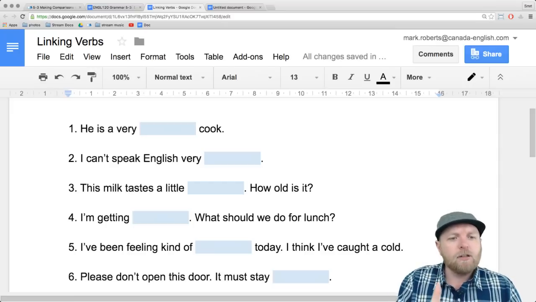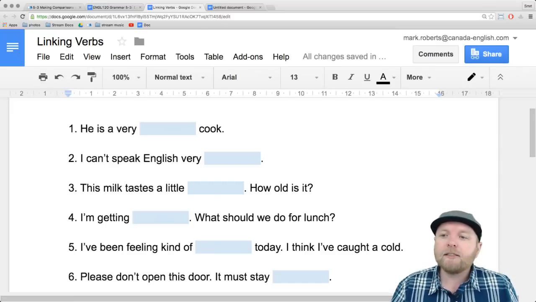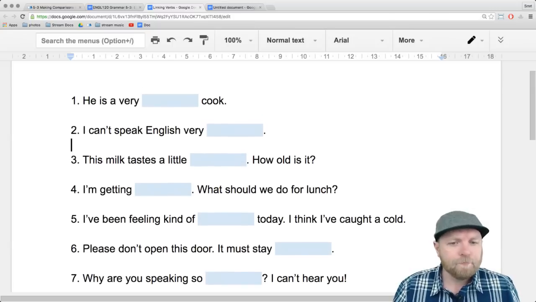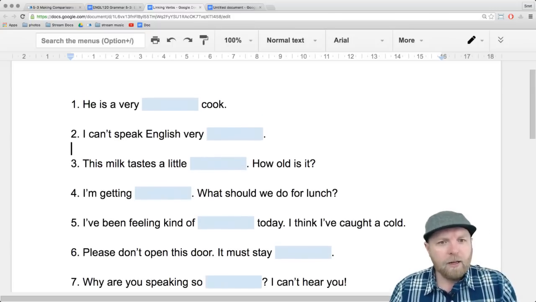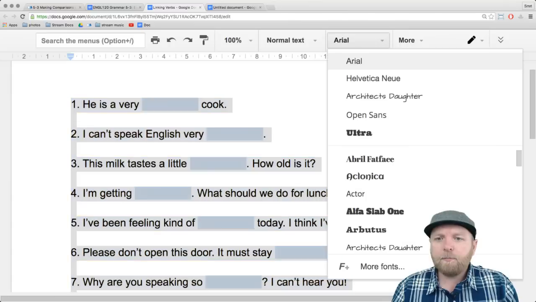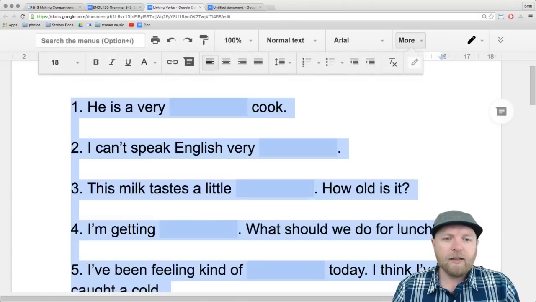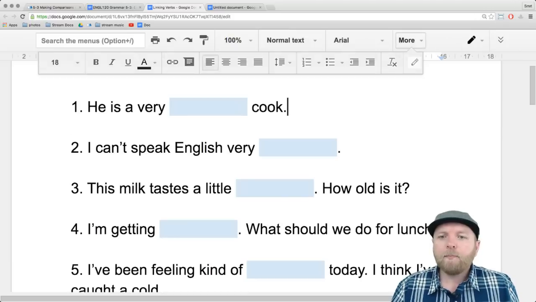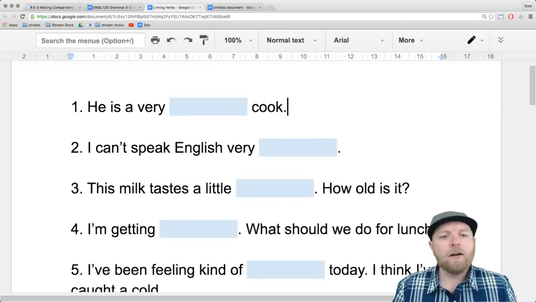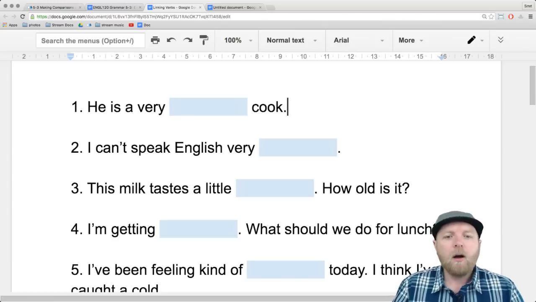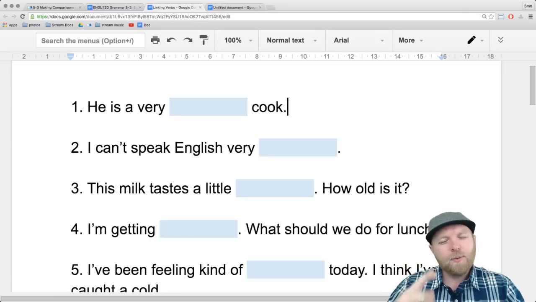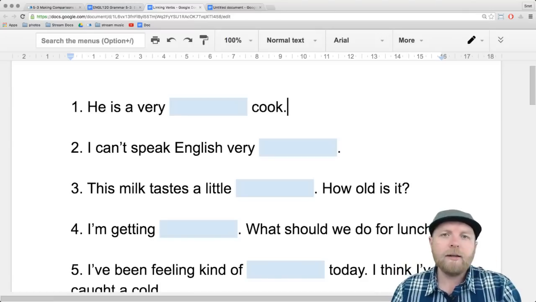There isn't one correct answer here. So let's do the first one together, just as an example. I'm going to make the text a little bit bigger for you so that you can see it. How's that? Okay. All right. He is a very something cook. Now, do we need an adjective or an adverb?